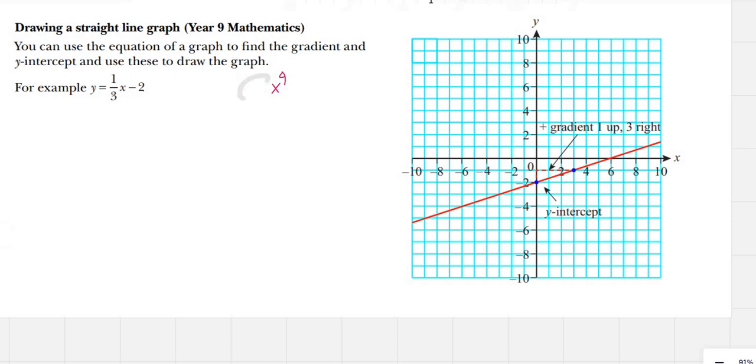So in this case, you have the letter c, the value of c, equals minus 2. So the straight line will cross the y-axis at minus 2. Okay, so here's minus 2.